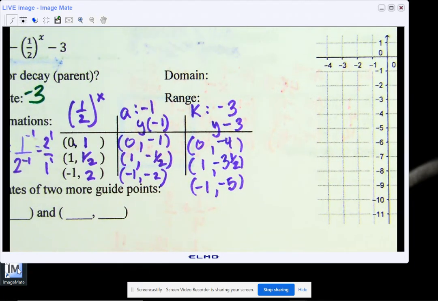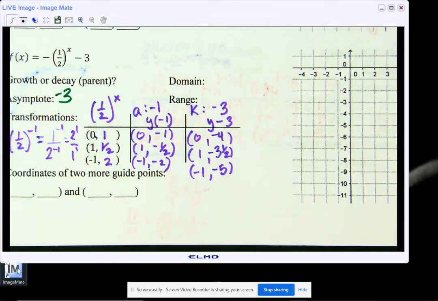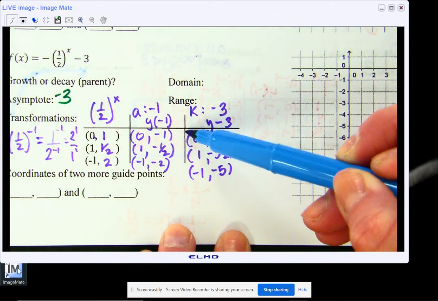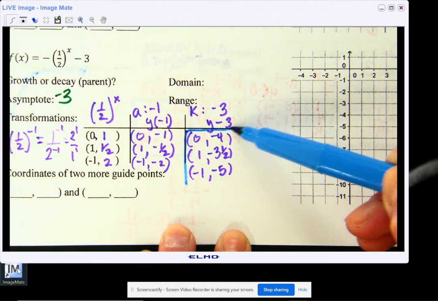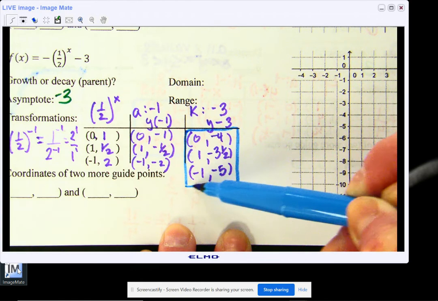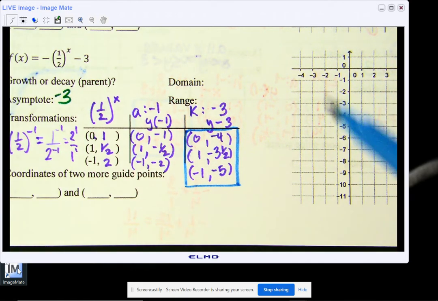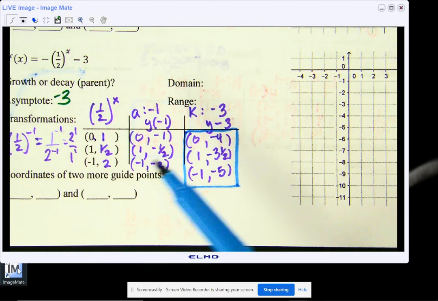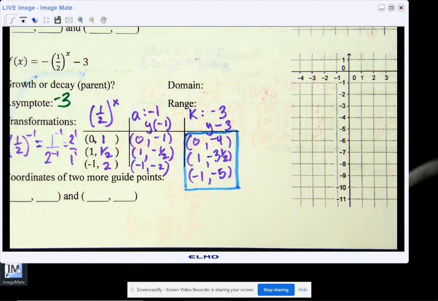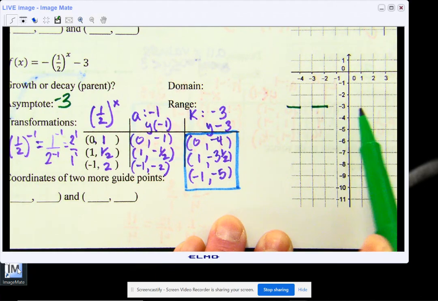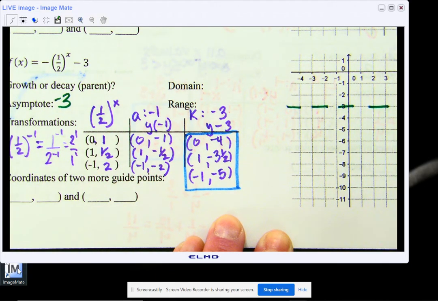Okay. So remember, we're only graphing the last column. Right, these in-betweens are just the points in our transformation. Our asymptote is -3, so make sure that you identify that with your dotted line.